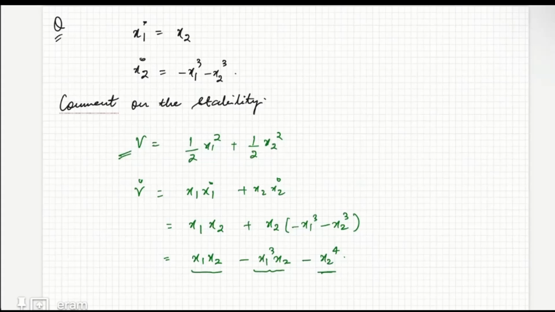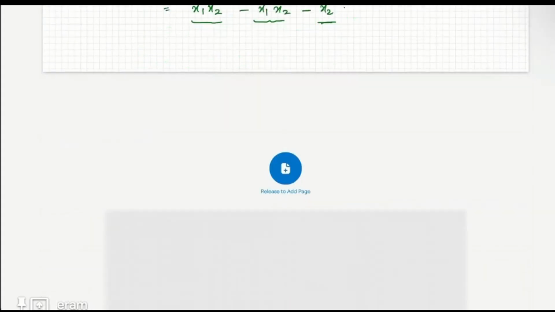No, because the derivative of V depends on the choice of the Lyapunov function, and it is on us how good the Lyapunov function is that we consider, such that the derivative of V gives us much more information about the stability.